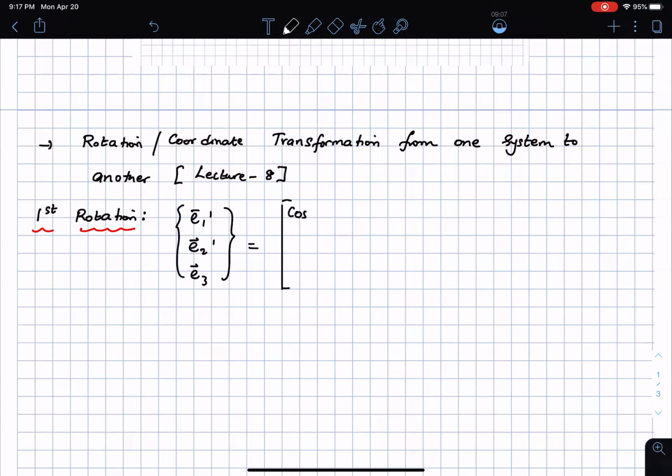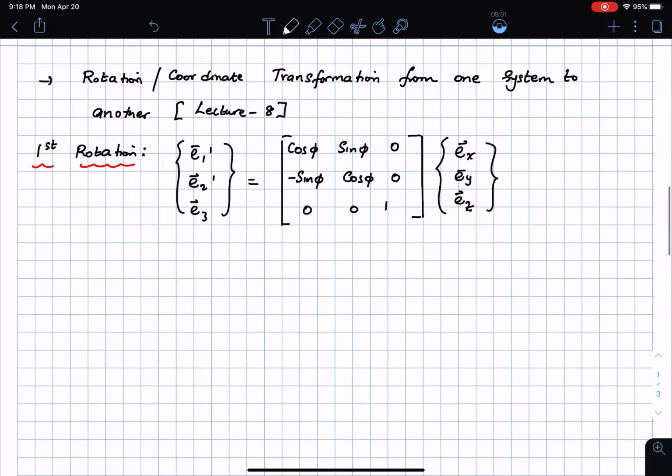So this is going to be cos phi, sin phi, 0; minus sin phi, cos phi, 0; 0, 0, 1, multiplied by ex, ey, and ez. We call this the first rotation matrix R1, the big matrix filled with cosine phi, sine phi, and so on.